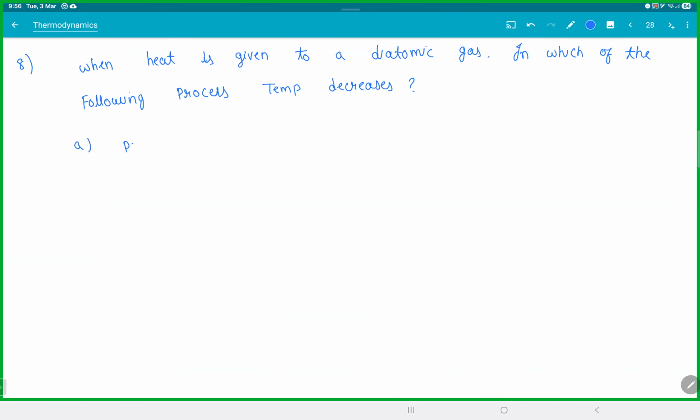First option, PV power 1.01 is constant. PV power 1 by 3 is constant. PV minus 2 is equal to constant. PV power 1.1 is constant. What do you guys think?